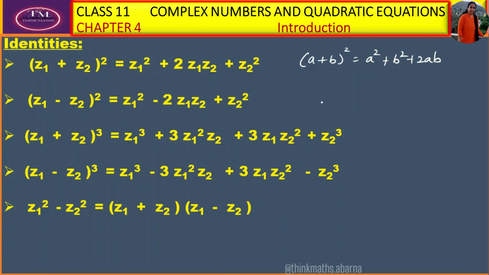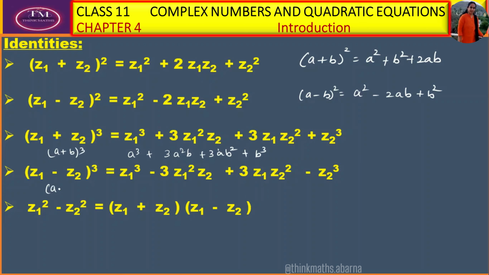Also a minus b whole square is a square minus 2ab plus b square. Also a plus b whole cube is a cube plus 3a square b plus 3ab square plus b cube. So the same formulas hold for complex numbers.